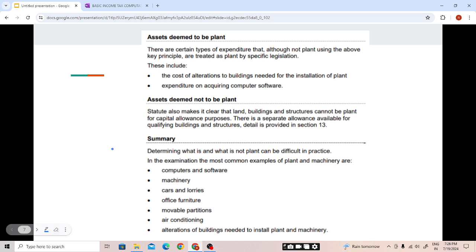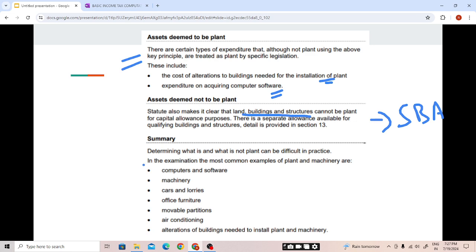The opposite of active, it is not actively involved, is passive function. And we have seen assets which are deemed to be plant irrespective of the special rules applying. Cost of alteration to building needed for installation of plant, expenditure or acquiring computer softwares. And assets deemed not to be plant are land, building and structures. We have a separate allowance known as structure and building allowances.